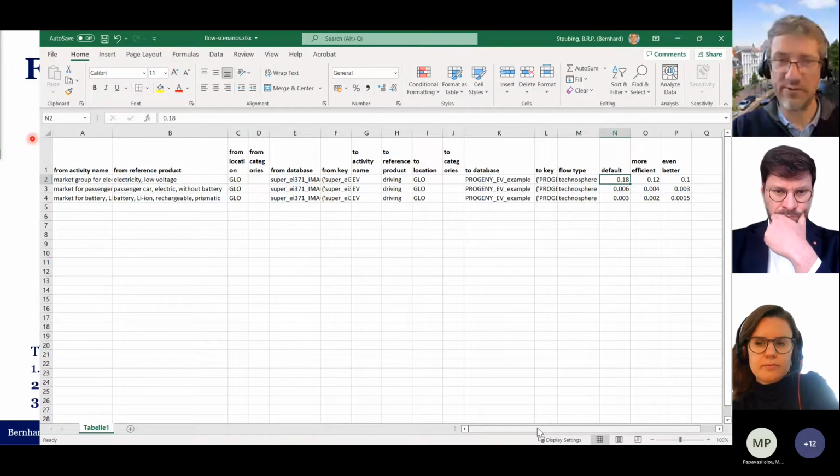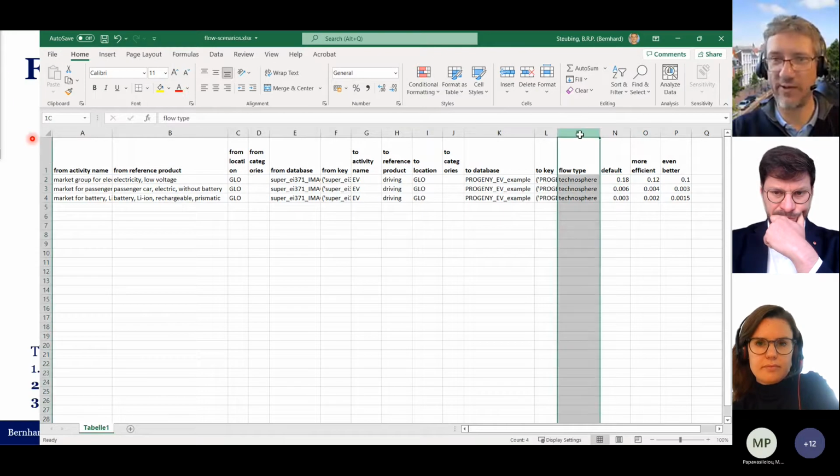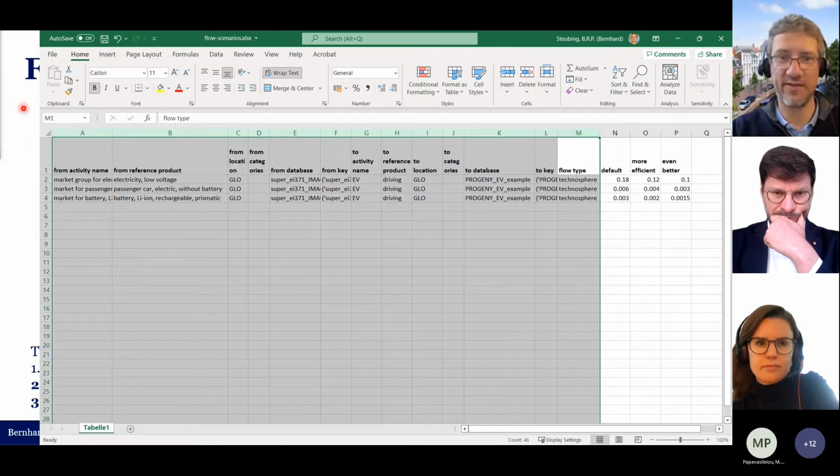So the flow scenarios, it's a little bit more complicated looking file, but it actually isn't very complicated.